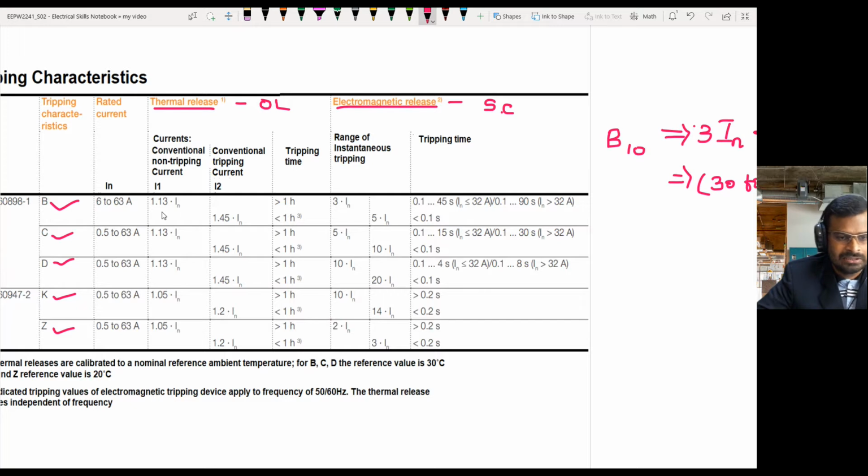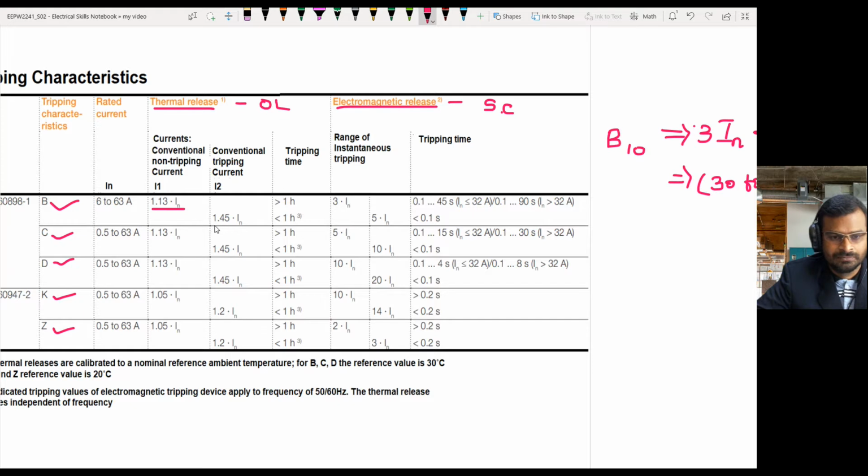When the current exceeds the IN value, when it is 1.13 times IN, the MCB takes more than 1 hour for tripping. So it is a very normal situation. 1.13 times is the excessive load, but still it is considered an overload condition. But the time taken for tripping during this fault is going to be high.